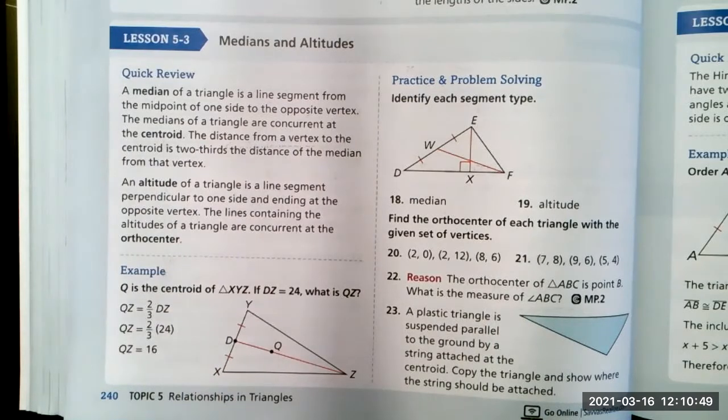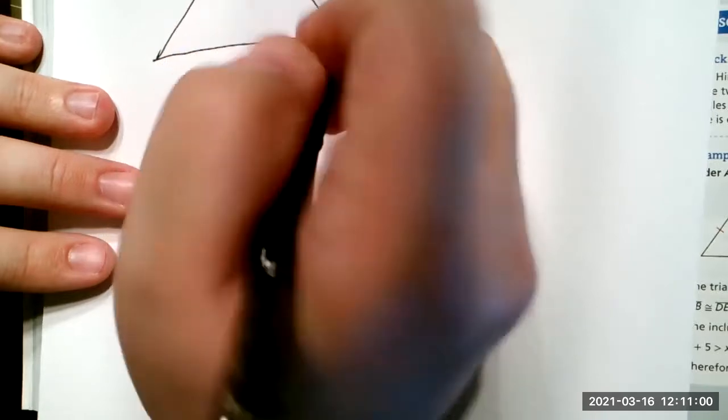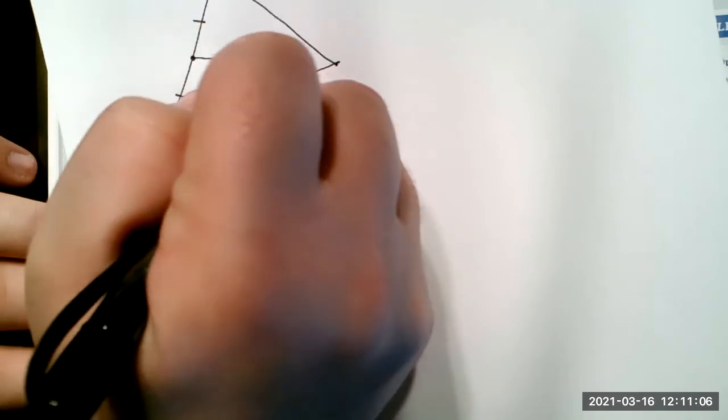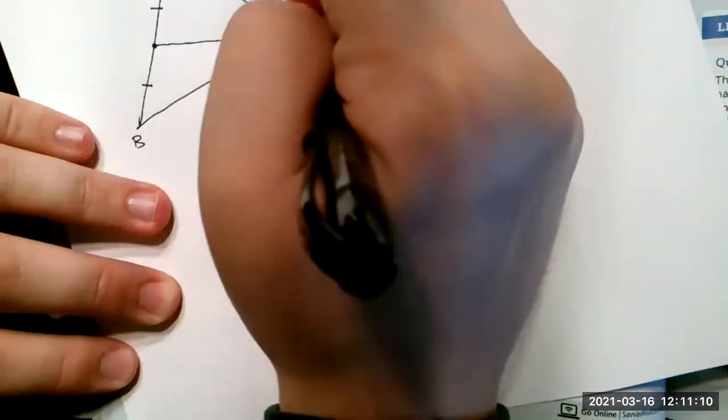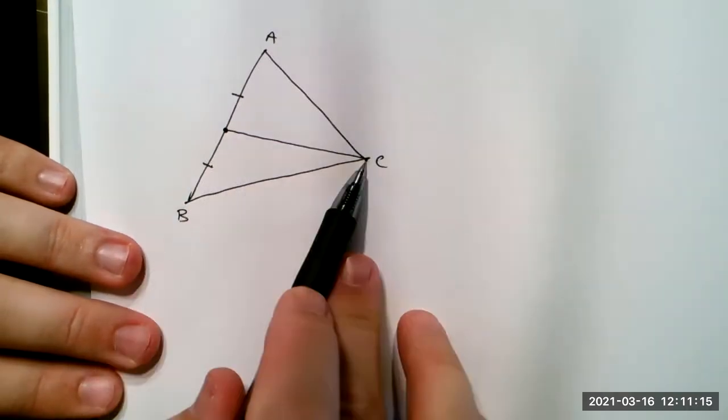So actually, I think I'm gonna draw a picture here. So here's my triangle. I'm going to say that to this vertex. Okay. So this is a median, right?